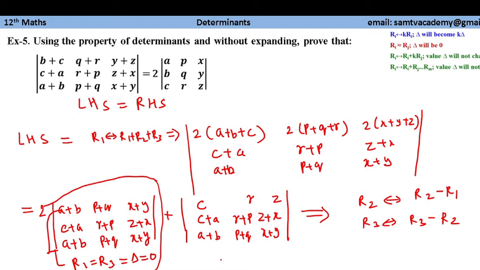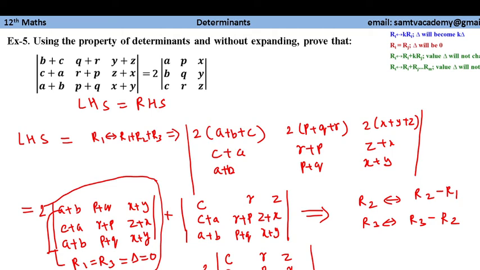So what will we get? We get the first row as it is, C, R, Z. 2 is here, so 2 will be written here as it is, and then R2 minus R1. So R2 minus R1: this will be A, since R cancels out. This will be P, and Z gets cancelled.